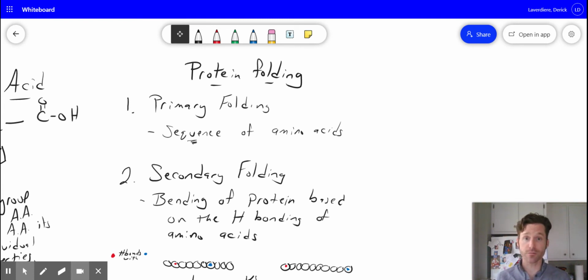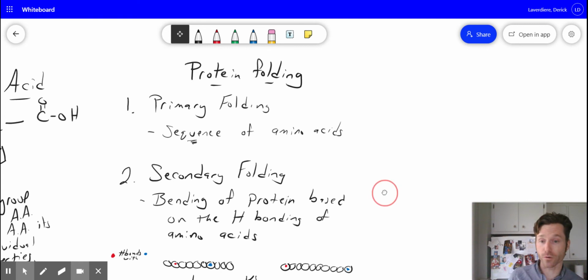Right? And so ultimately what this is coming down to is the coding in DNA determining what amino acids are going to show up in what order. The order is very important because the order determines the way in which they will bond with one another and create the folding steps that we see coming up.